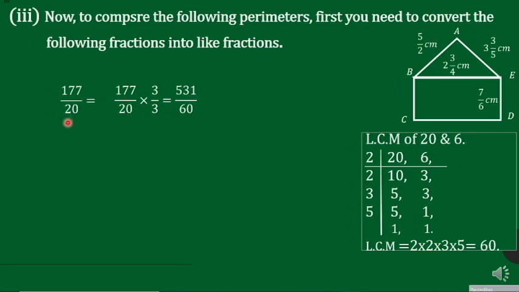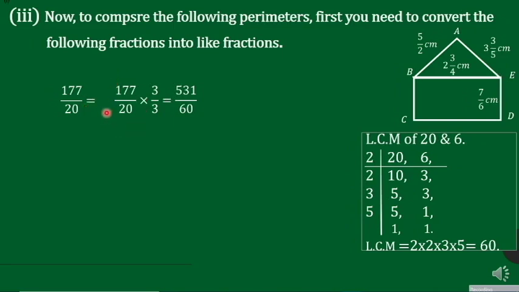To convert 20 into 60, what do you need to do? Multiply 20 with 3. Whenever you are doing division or multiplication, the value should be equal. It means we should not create any harm to this fraction. The value should be equal or equivalent to this one.